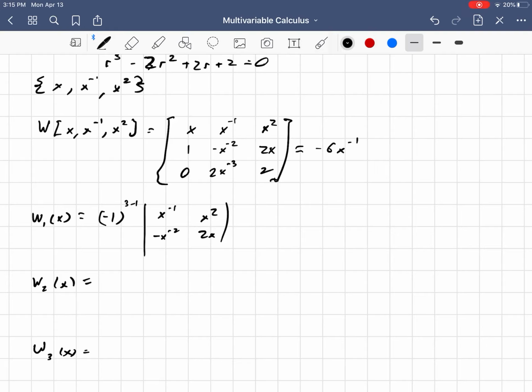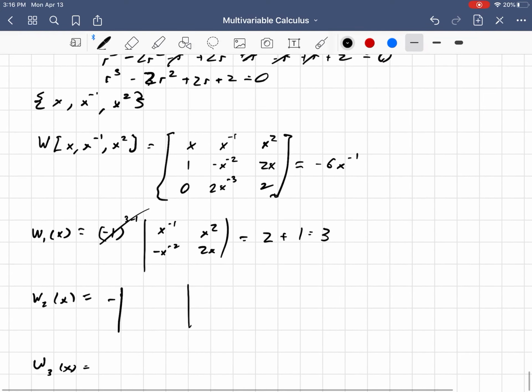Negative 1 to the 3 minus 1, that's negative 1 squared, so that's a 1, so just get rid of that. So we have 2 plus 1, 3. That was nice.